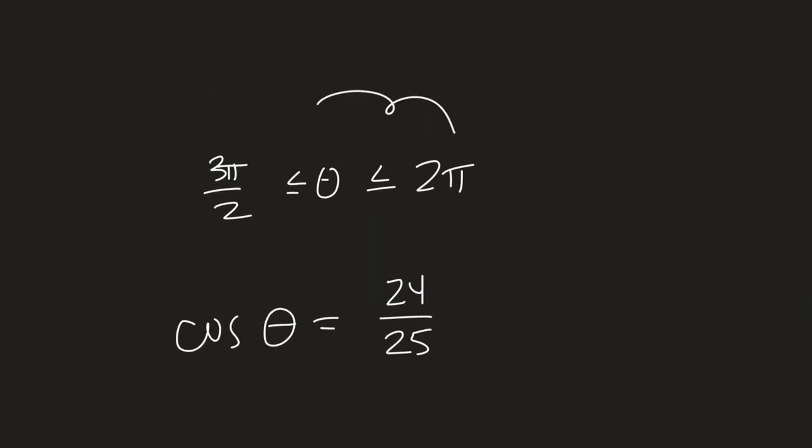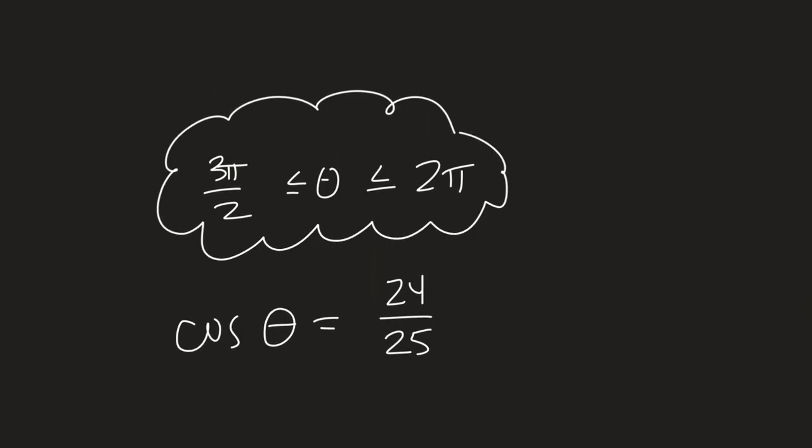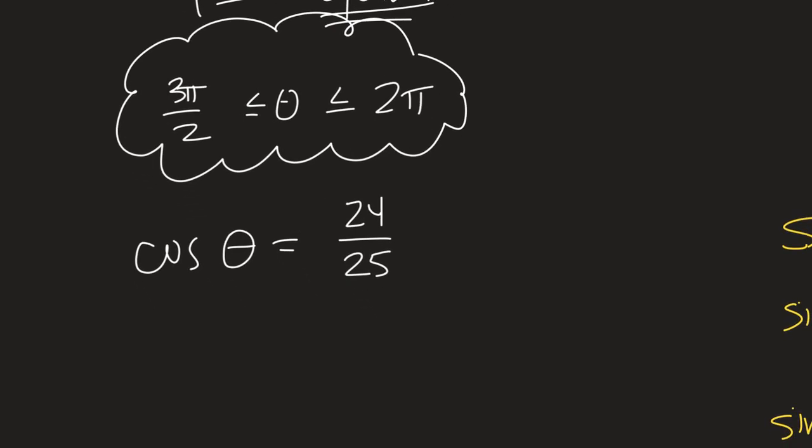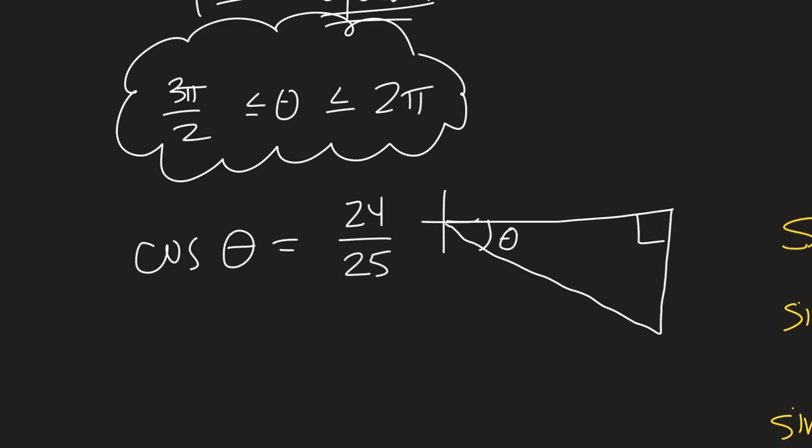Okay? So we need to know that this is talking about a quadrant. In fact, it's talking about the 4th quadrant. So when we draw our triangle, we're going to draw it looking like this in the 4th quadrant, where this is our angle.